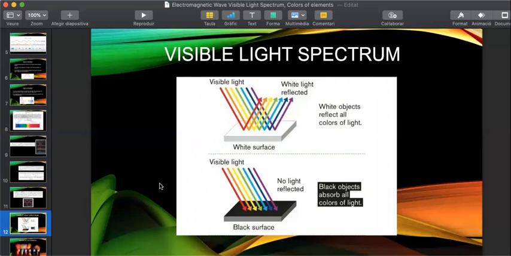And yeah, of course, the visible light spectrum, the visible light is thanks to the reflection of that light from a surface, okay? But black objects absorb all colors of light, and no light can be reflected, okay?